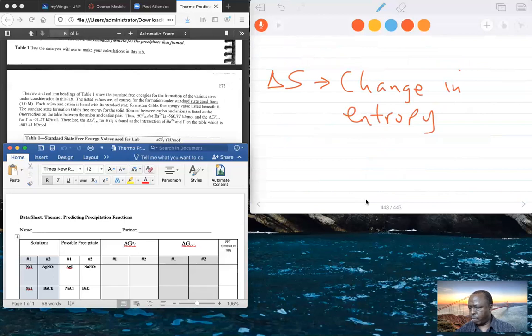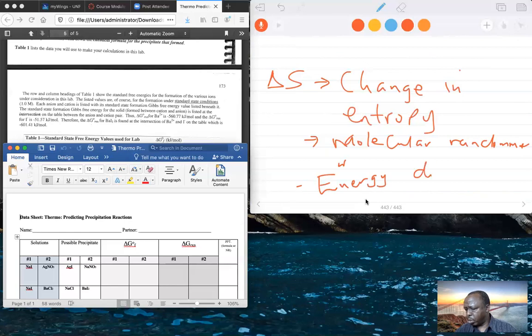Sometimes we define it as molecular randomness or disorder, or simply energy dispersion. We disperse energy in a system, and when we talk about this, we are dealing with the system, the surroundings, and so forth.